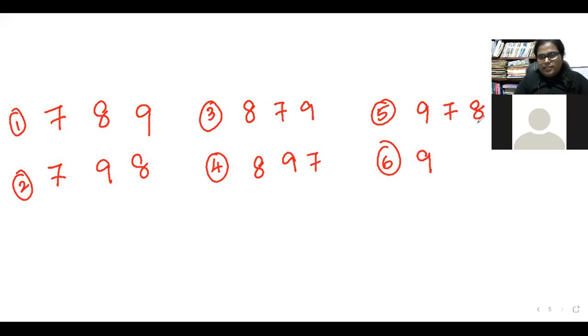We can change these 2 numbers and form 987 also. Then these are the 6 arrangements which can be formed by using these 3 numbers. This is called permutations. Understood? So this is what we call combinations and permutations. All right.